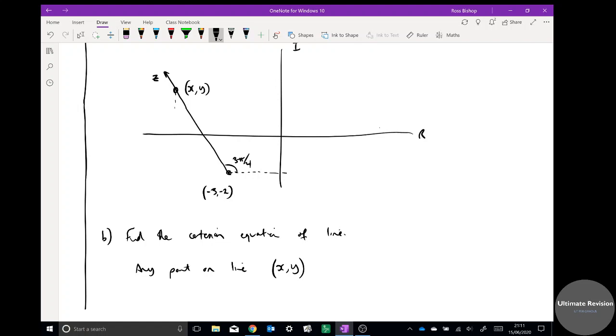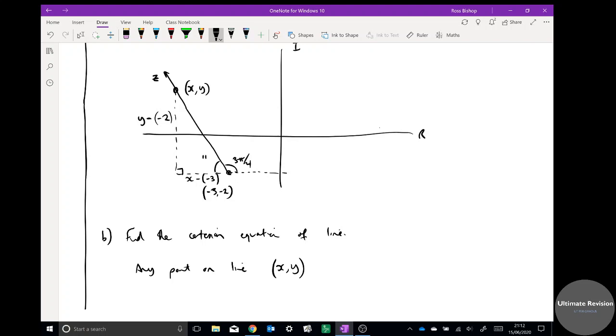Now, I can draw a right-angled triangle here, and I know the height of that triangle. The height is going to be y minus the y coordinate there, so y plus 2. And the width of that right-angled triangle is going to be x minus minus 3, so x plus 3. I also know this angle because it's a straight line.